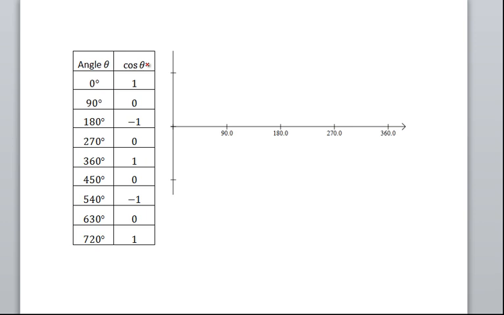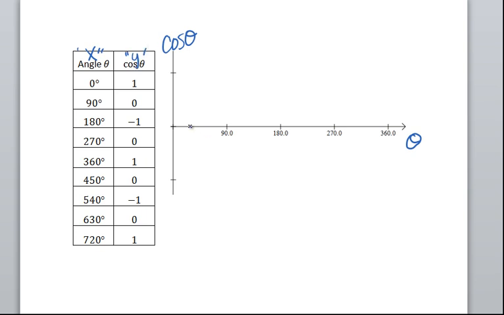So actually our x-axis is no longer x, it's actually theta. These are my degrees, okay? And then my y-axis is actually cosine of theta, okay? So these are my x coordinates and these are my y coordinates, okay?